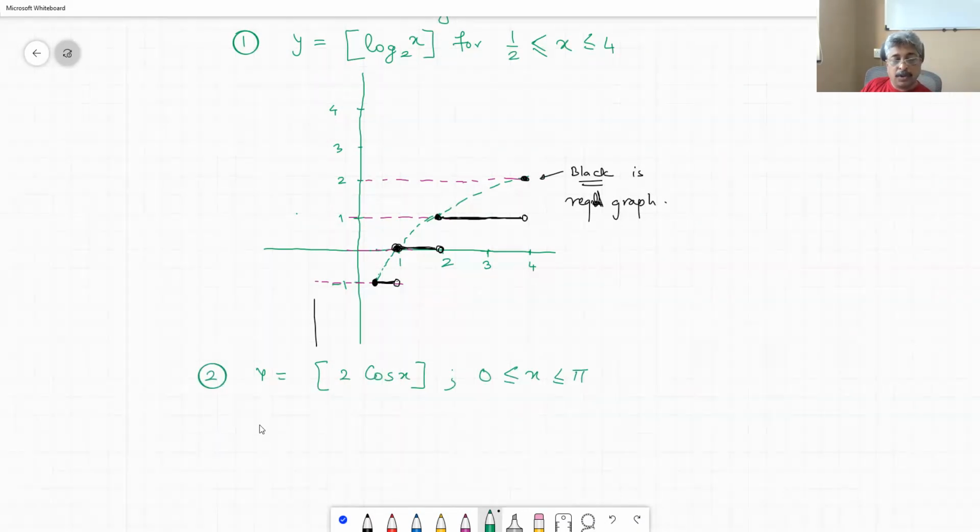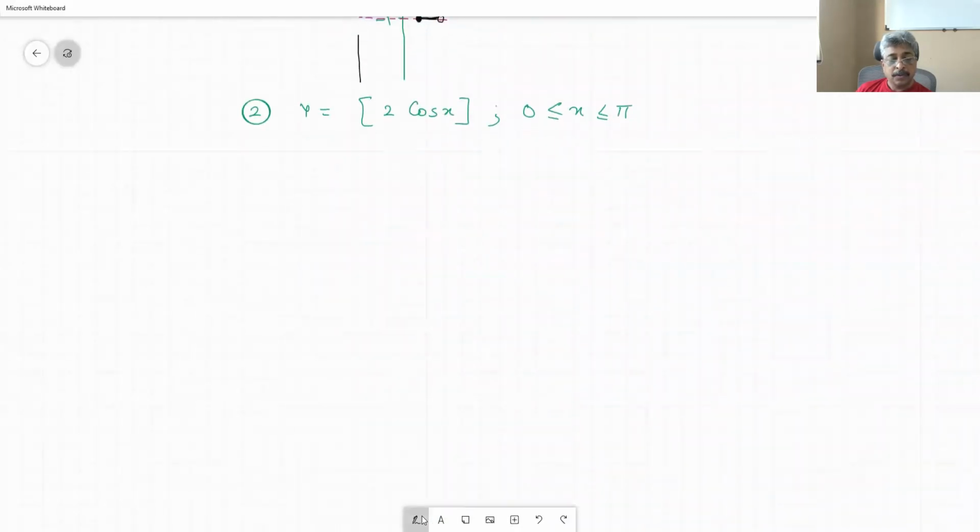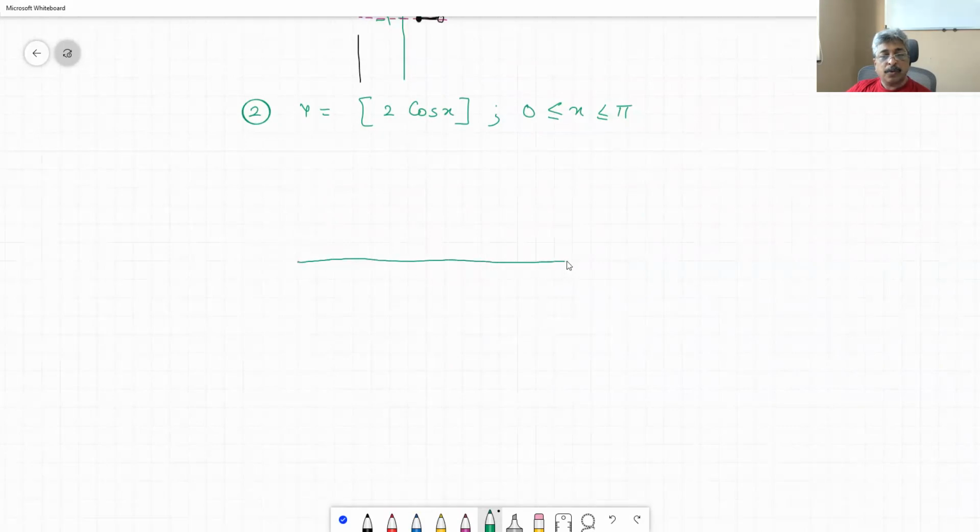Then, okay, one by one only we will go. Step by step. First, we know what y is equal to cos x is. We have it in your mind.